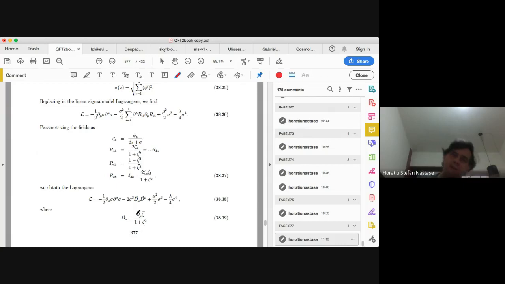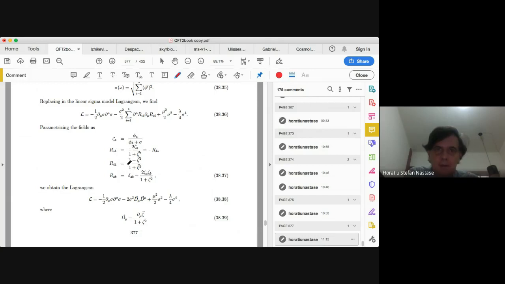Then yet a further parameterization is this complicated one here, where I write the components R_A4 and R_44 in terms of this vector zeta_A in this way.